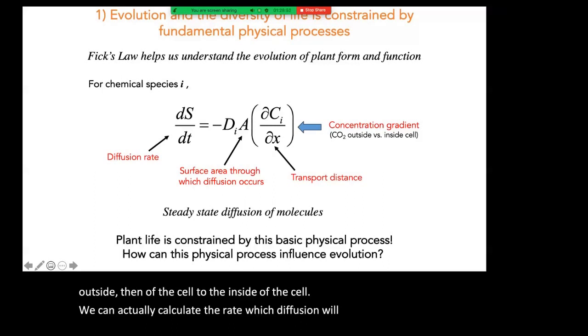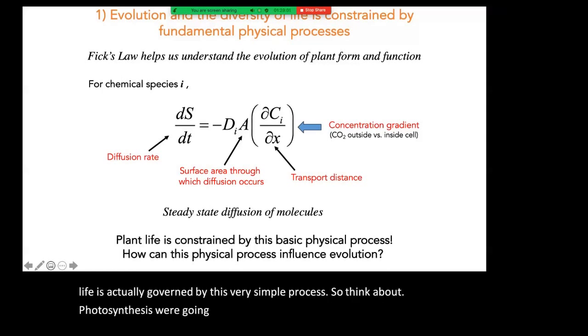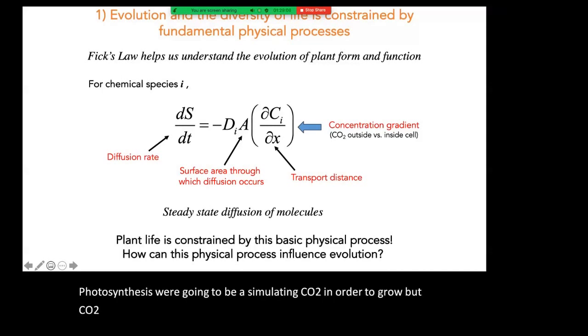So plant life is governed by this very simple process. Think about photosynthesis. We're assimilating CO2 in order to grow, but CO2 has to diffuse to the inside of a cell.